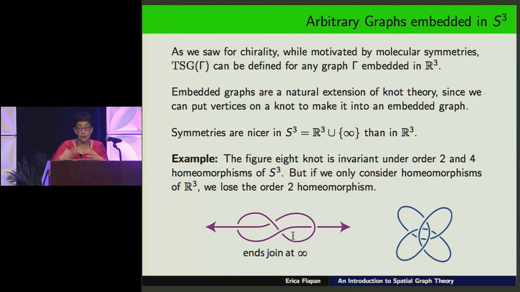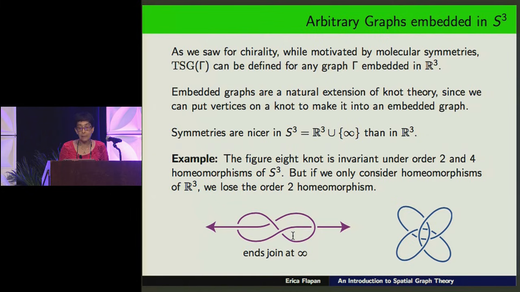So I've drawn two different pictures of the same figure 8 knot. They don't look the same. But the first one, the purple one, the two ends are joined at this point at infinity. And the graph can be rotated by 180, where this point at infinity goes to itself. And so you can see this nice twofold symmetry in S3.